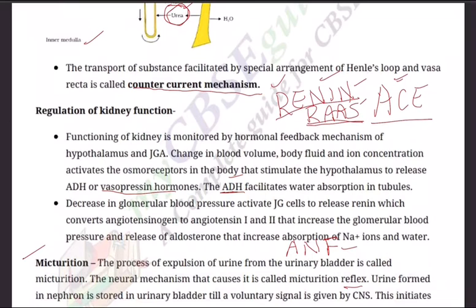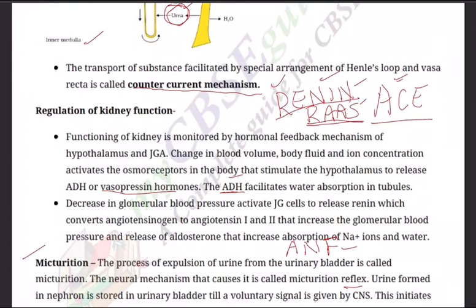Angiotensin 2 increases the synthesis and release of aldosterone, raises blood pressure directly by constricting blood vessels, and stimulates sodium reabsorption by the PCT. Just now we said proximal convoluted tubule.